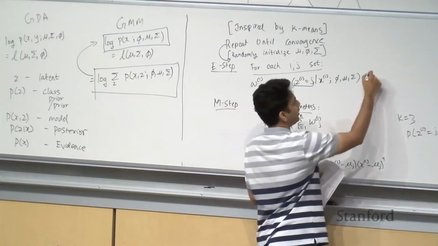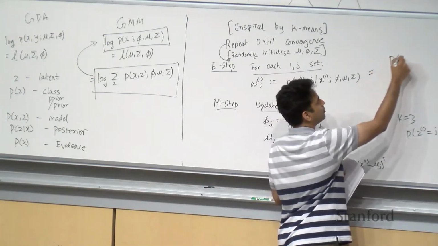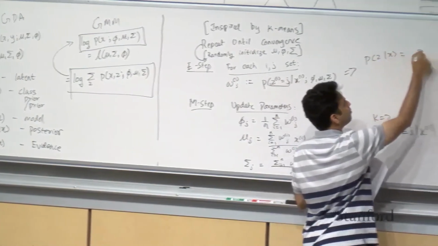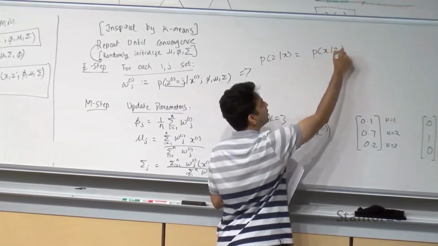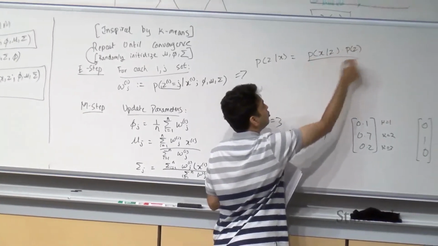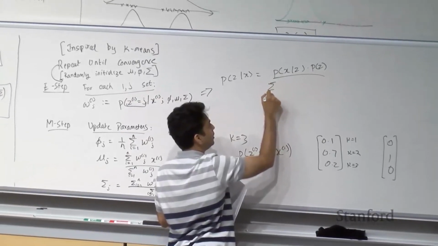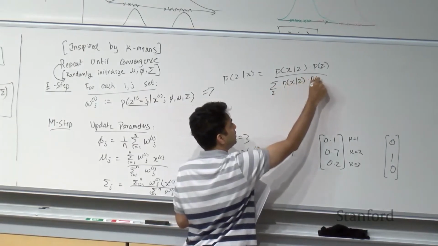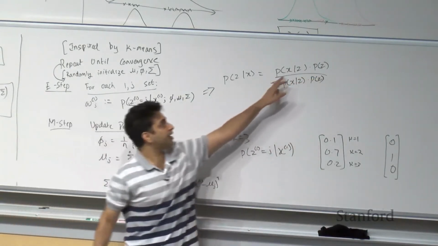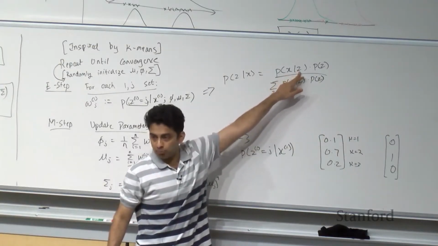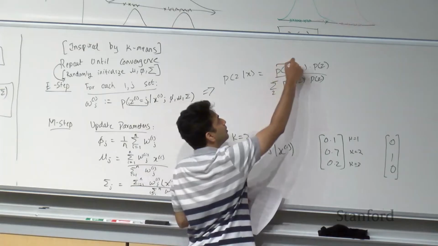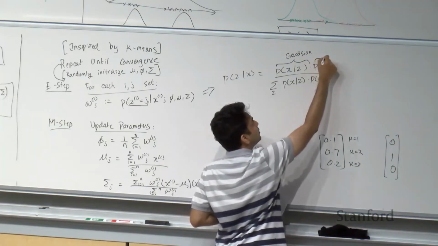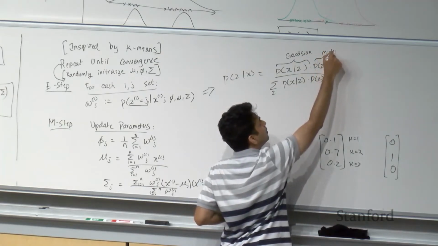So p of z given x is equal to p of x given z times p of z, over the sum over all z of p of x given z times p of z. Over here, p of x given z is a normal distribution, so this is Gaussian, and p of z is just multinomial.